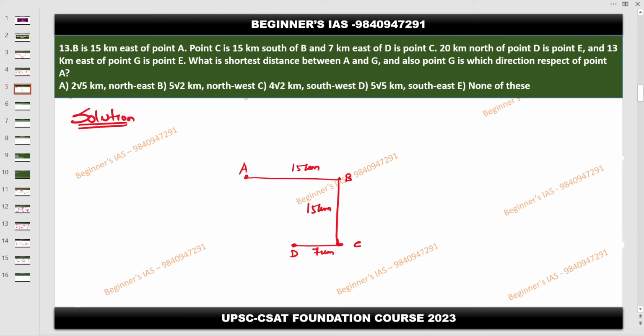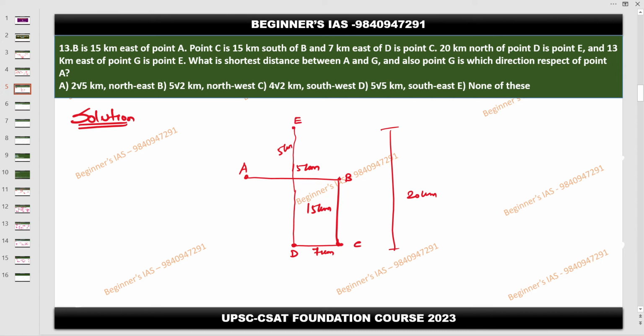So now this is D. 20 km north of D. So obviously this is 15 km and another 5 km. So totally this is going to be the 20 km. So who is the E?